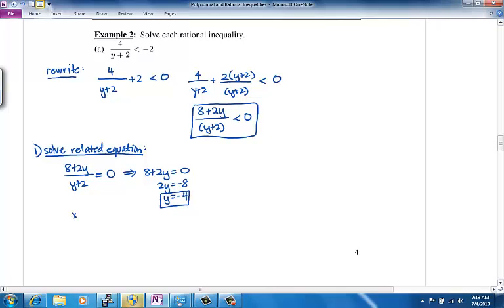And we want to make sure we realize that y cannot be negative 2, because that would make the expression undefined. So the solution to the equation is y equals negative 4, and the place where this function would be undefined would be y equals negative 2.